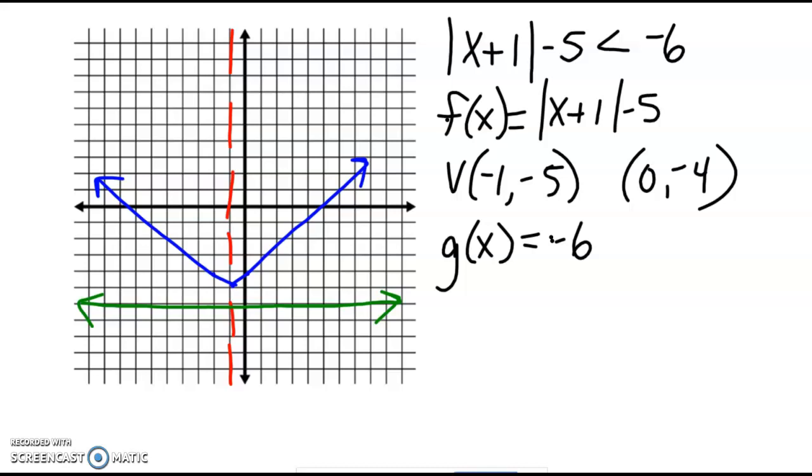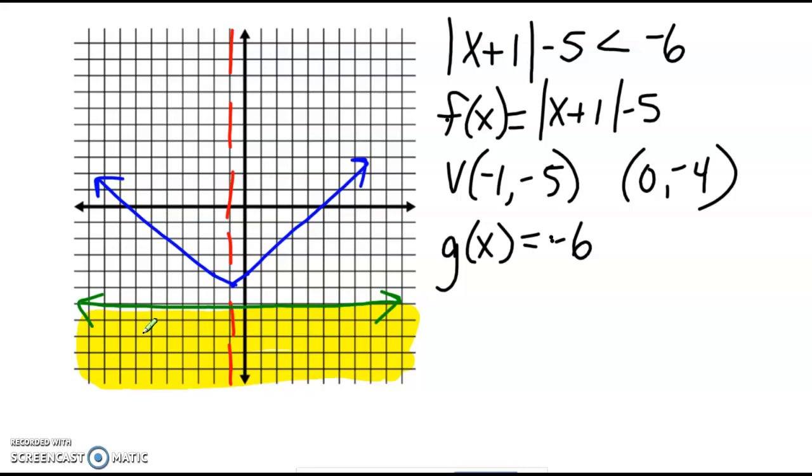So y values less than negative 6 would be anything right here. Those are all y values that are less than negative 6. So what part of our absolute value function is in that highlighted area? None. So that tells us there is no solution set that would work for this inequality.